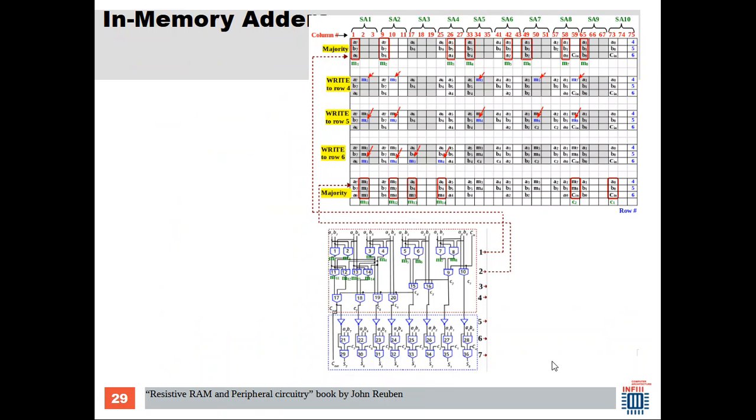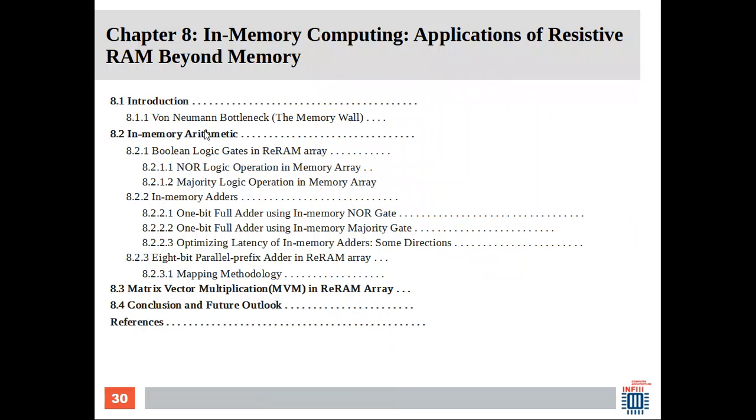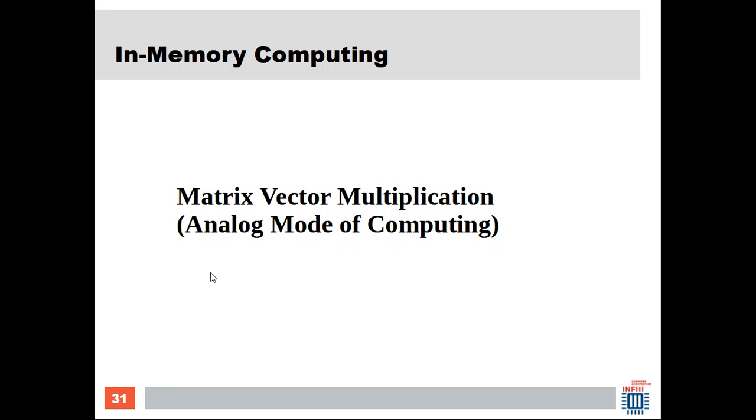And then I also discuss how 1-bit adders are implemented in memory. Here I've shown an 8-bit parallel prefix adder implemented in memory array. So what we have seen so far in the last chapter is NOR logic operation, majority logic, and 1-bit adders and 8-bit adders.